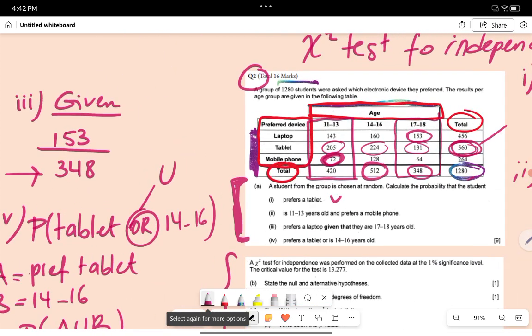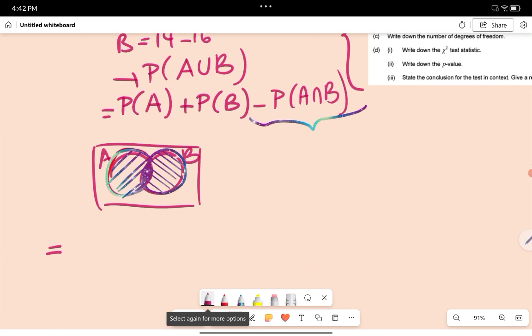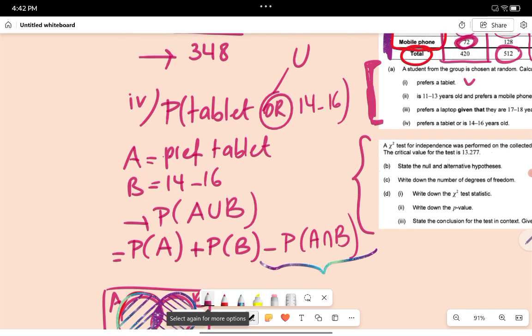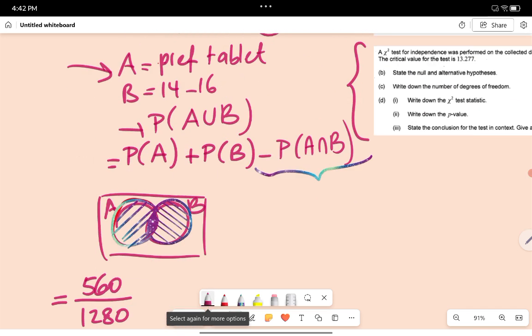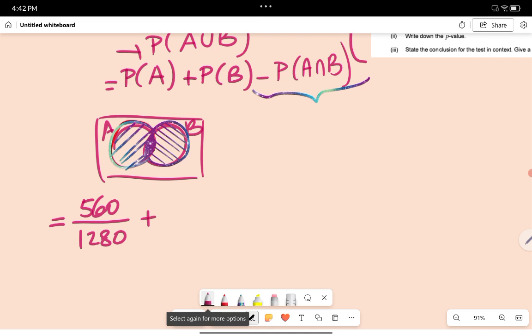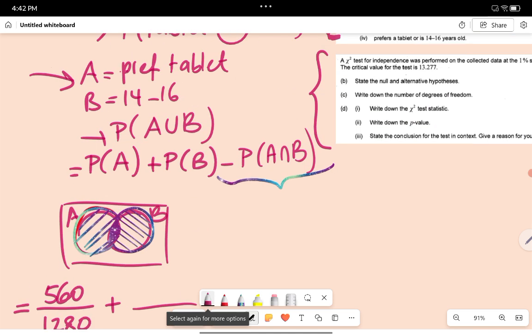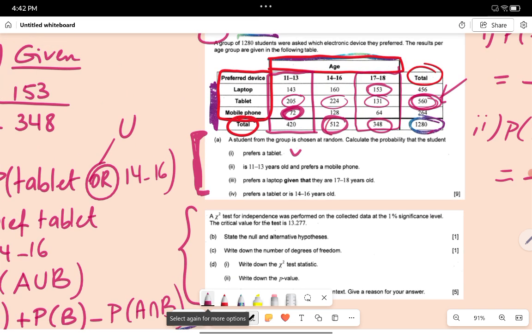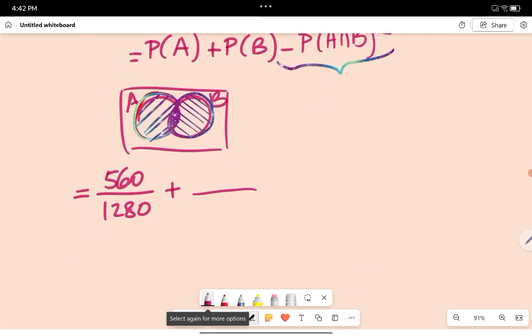That is this one. So let's write that down: 560 out of 1280. This is the probability of preferring a tablet. And we add the probability of being between 14 and 16. What's that probability? Let's have a look. Between 14 and 16 is 512 kids out of 1280. So we're gonna add that one, 1280. And we have to subtract the intersection.